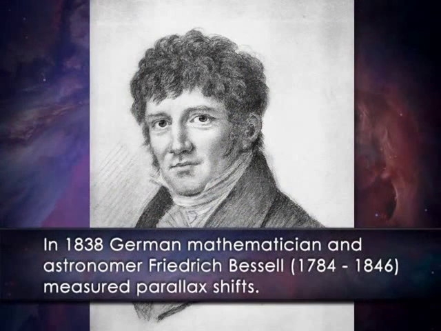Now, as usual, although this is simple in principle, in practice it is extremely difficult because the jump angles are extremely small. In fact, despite enormous efforts, it wasn't until 1838 that the great German mathematician and astronomer Friedrich Bessel finally measured these tiny parallax shifts, as they're called.